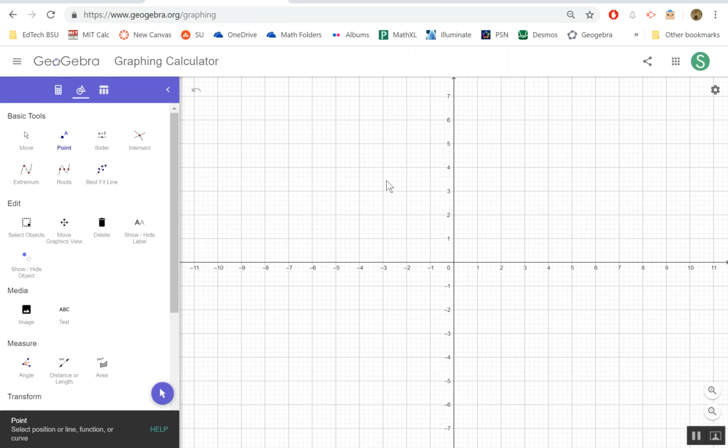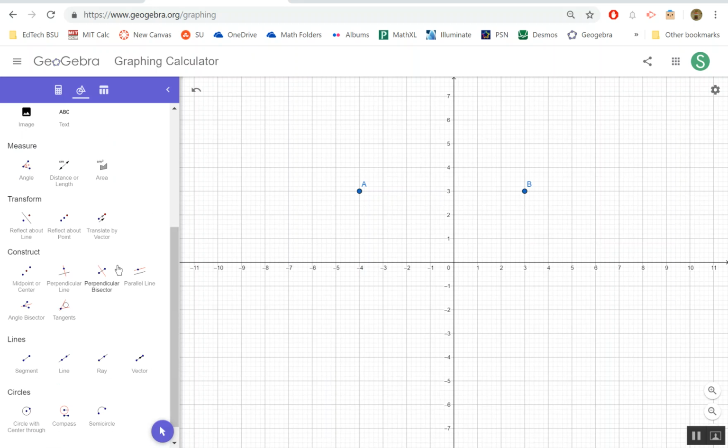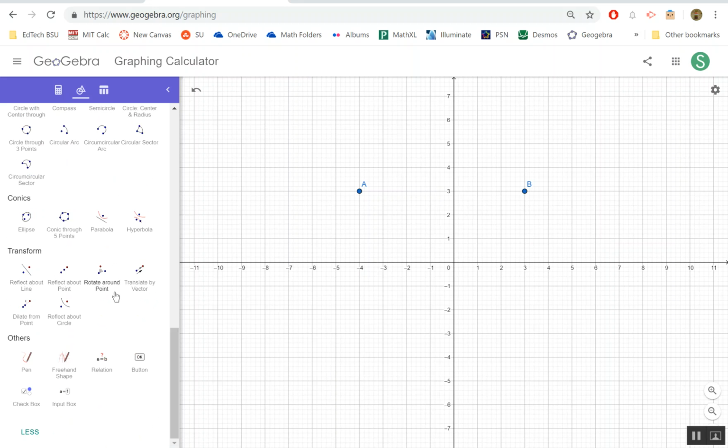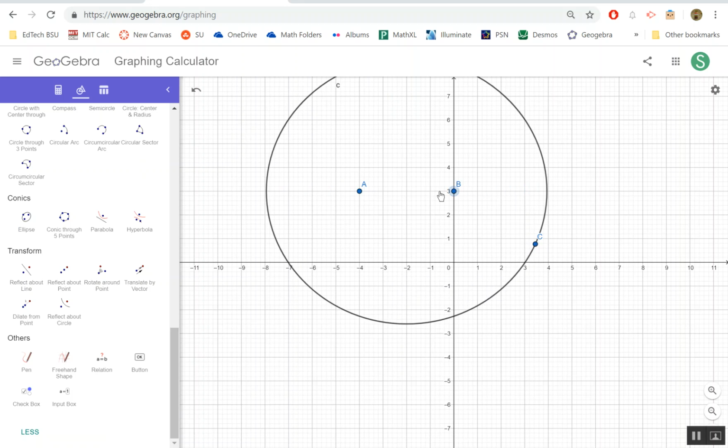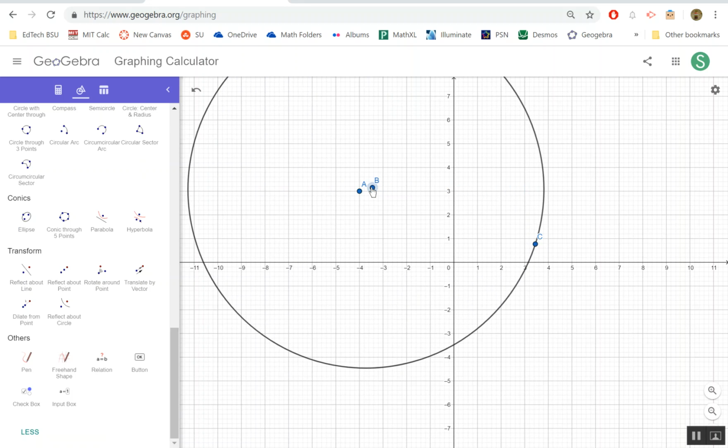Okay, so in order to have an ellipse, you need 2 points as your foci. I'm going to go to the conics where you have an ellipse, select 2 foci, and then pick a point where you want it to be. So you can see that if I have the foci very close together, it becomes almost circular-like.